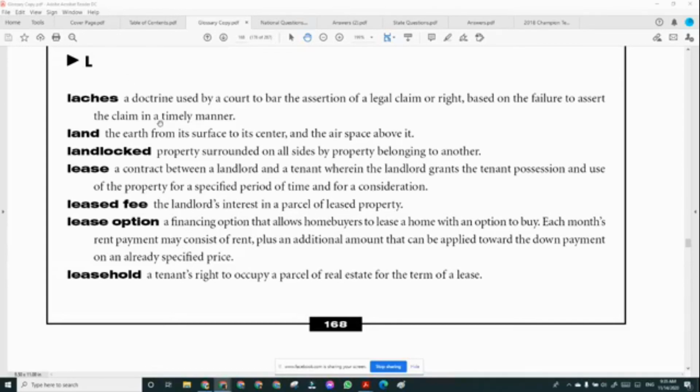So this is a doctrine used by a court to bar, okay? So when you don't want to let somebody in the house, you have the latch or you have a bar across it. You're preventing somebody from coming in. So here it's a court to bar the assertion of a legal claim or right based on the failure to assert the claim in a timely manner.